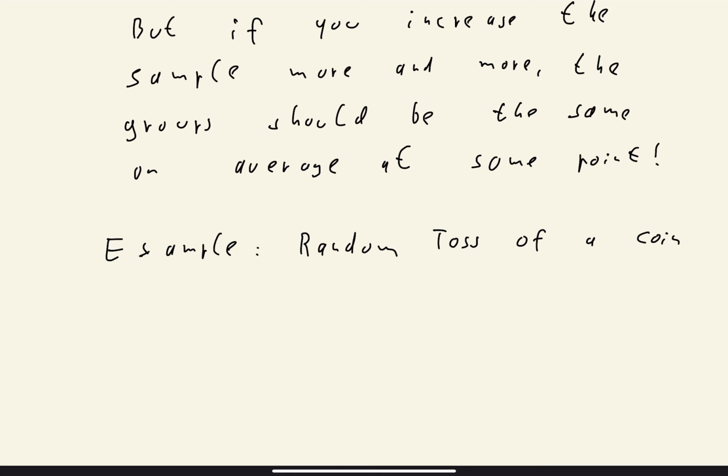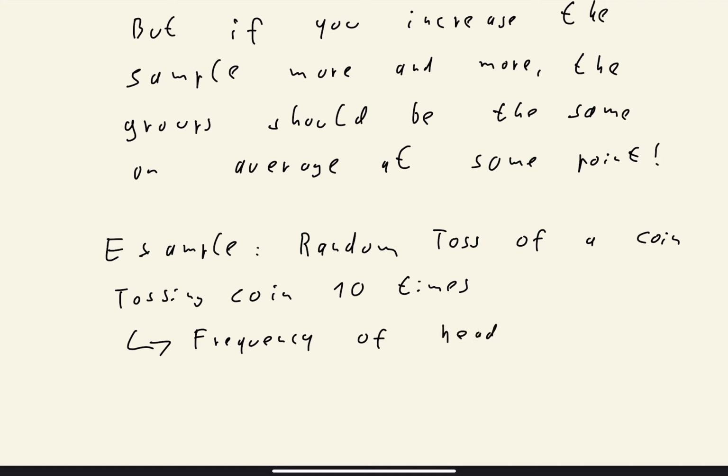If you toss the coin 10 times, you don't necessarily observe the same frequency of heads and tails.